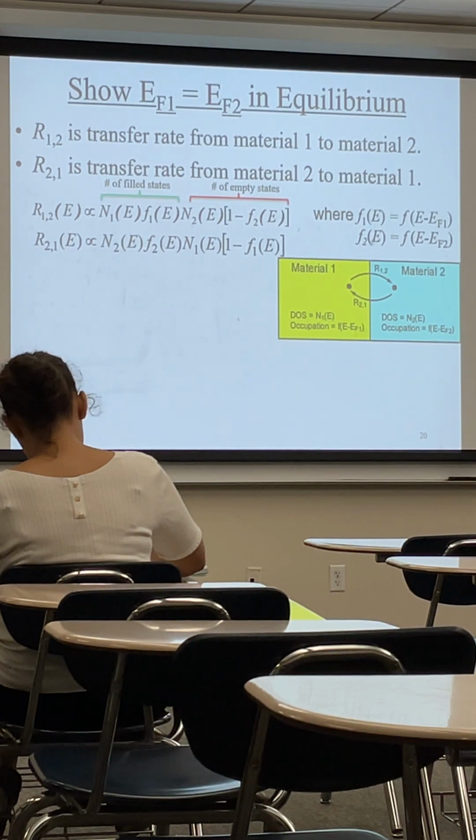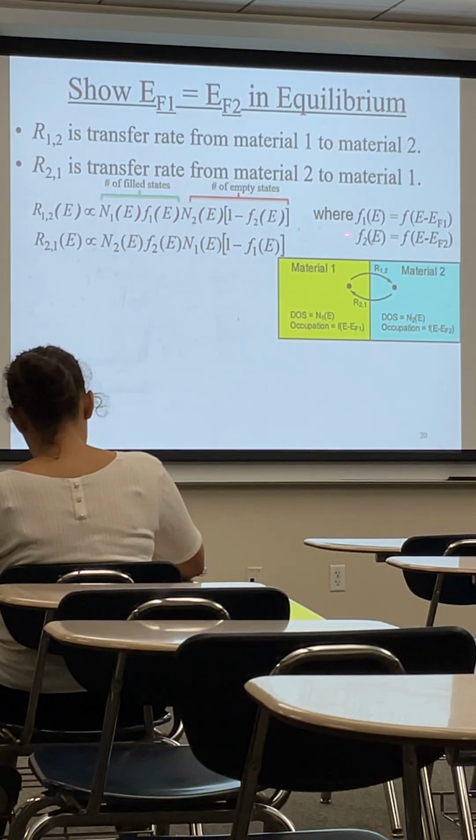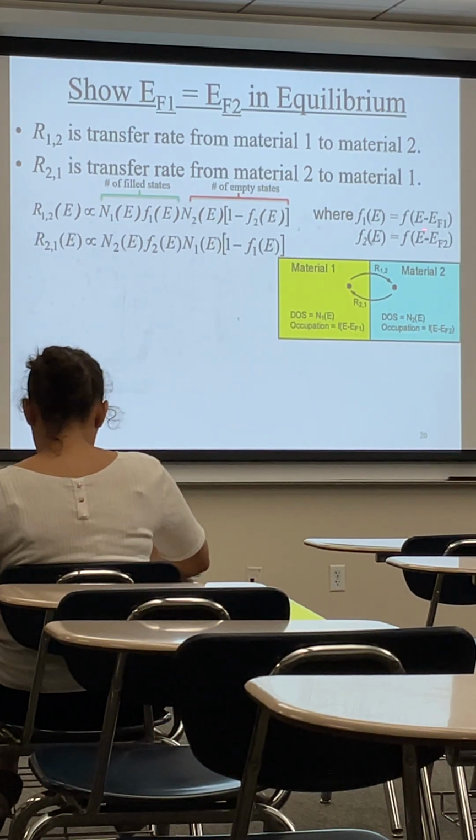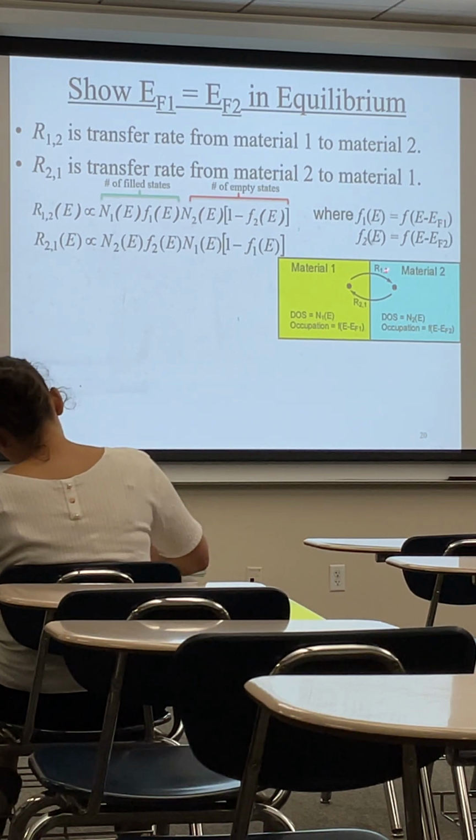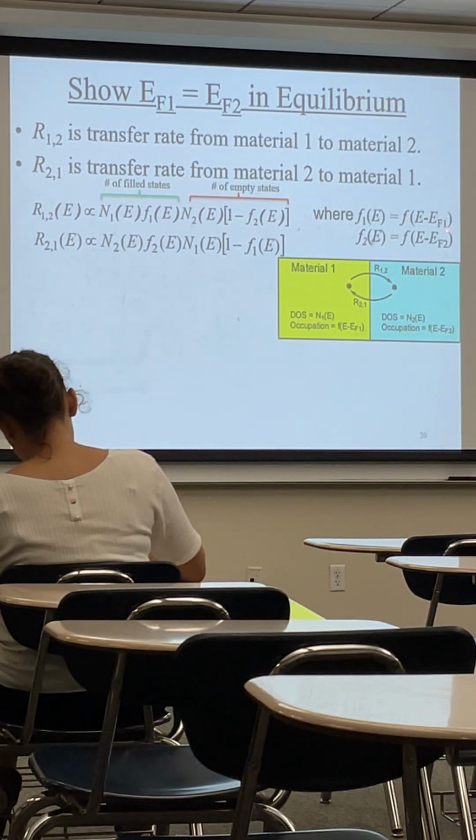And F1 and F2 here are related to the Fermi function. Let's assume in the beginning we have EF1 and EF2, which define the Fermi level in these two materials.